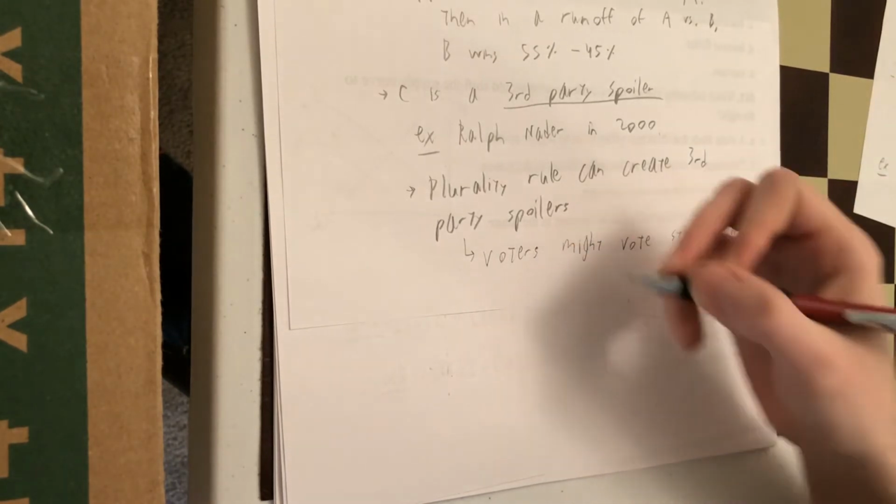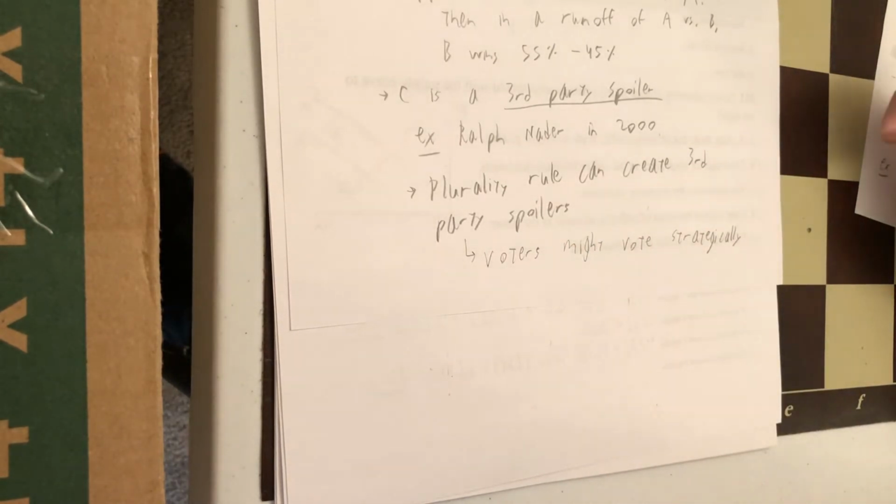As a result, plurality rule kind of naturally creates a two-party system.